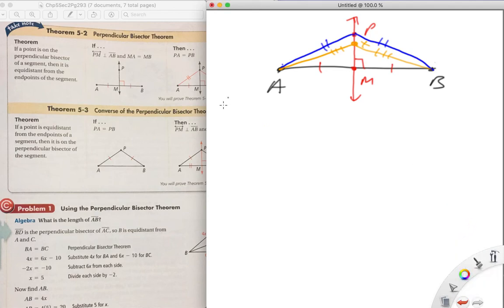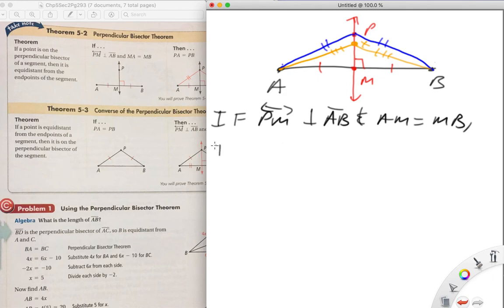So if line PM is perpendicular to segment AB and cuts it in half, so AM is equal to MB, then I can say that any point on this line going out to the segment are congruent as well, so that I can say PA is equal to PB.